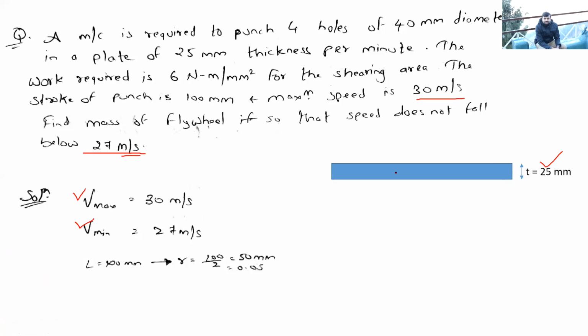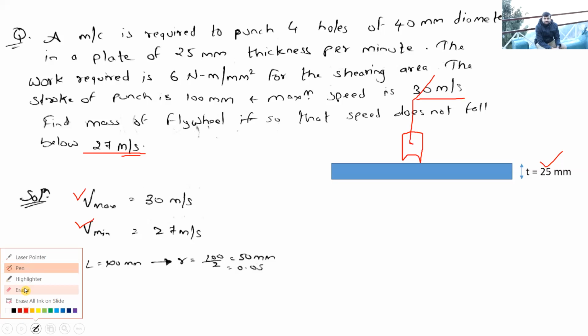Assume this is the front view of the plate, and the punch would be coming over here, something like this. And it would be connected something like this, right? So this is what is given to us.